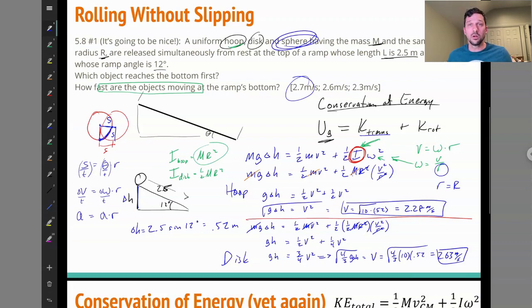So the higher its moment of inertia, the more energy is committed to spinning it, and the less is left over to moving it translationally. And so the higher its moment of inertia is, the slower it's going to go once it gets going. Same amount of energy is there, but it's just moving slower across your line of vision.